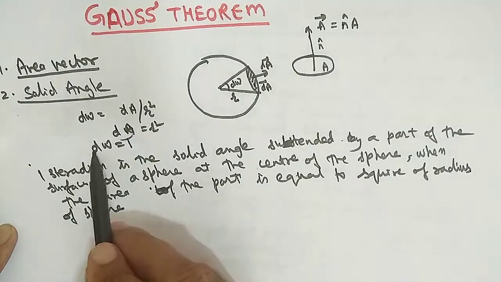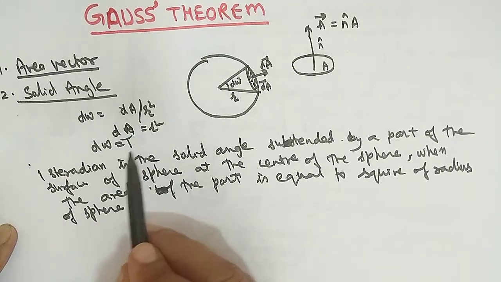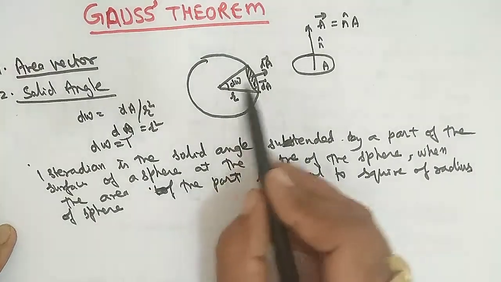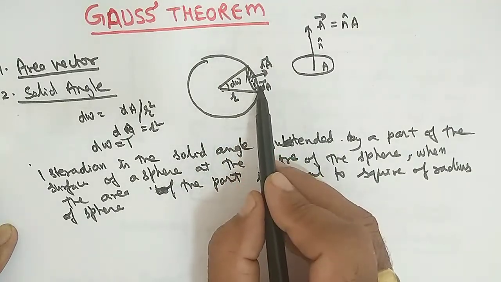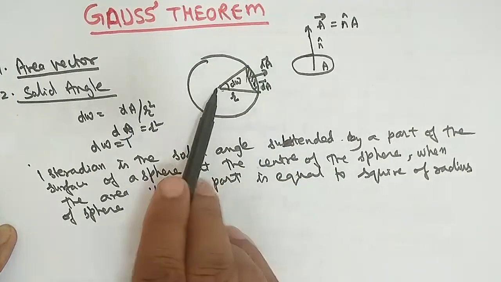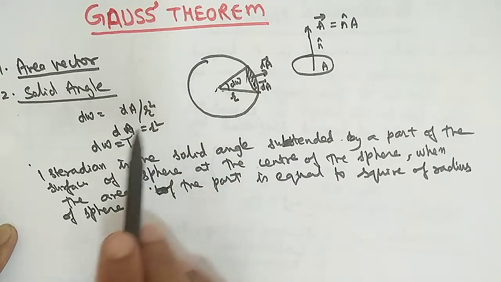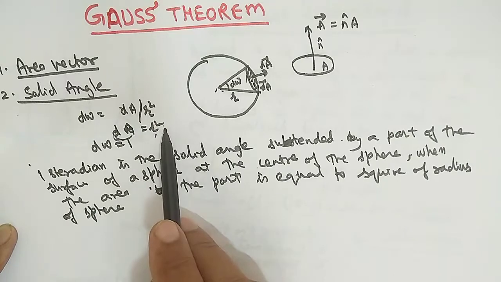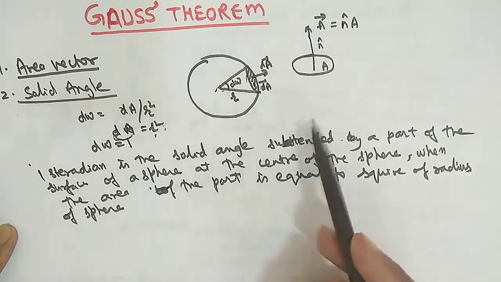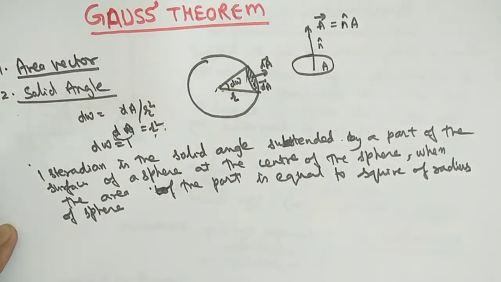So 1 steradian is the solid angle subtended at the center by the small part of the surface of the sphere when the area of the part is equal to the square of the radius of the sphere. So you can make the definition yourself.